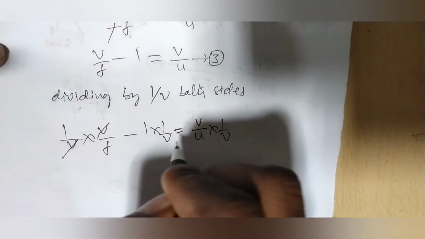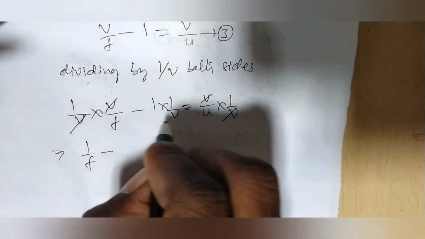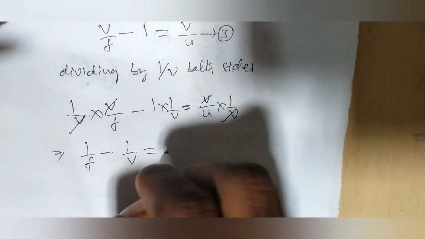Here v and v cancel. Okay, now 1 by f minus 1 by v is equal to 1 by u.